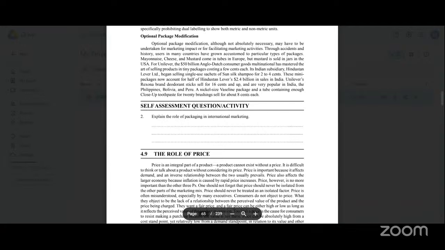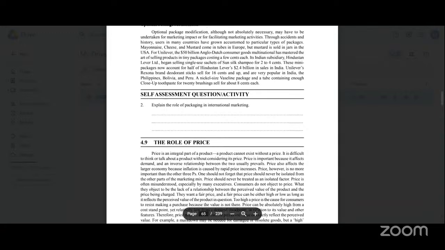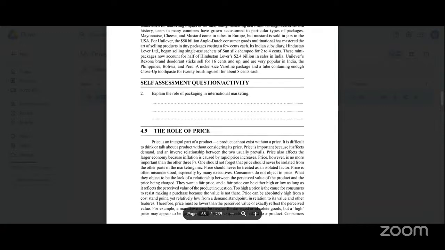So, imagine how a small introduction or variation made such a big contribution to the company's deep pockets. Unilever's Rexona, for example, the brand deodorant stick, sells for about 16 cents and upwards. But when it became very popular in India, it also started spreading to countries like Philippines, Bolivia, Peru, etc. If you see the Vaseline package, it's a very, very small thing.